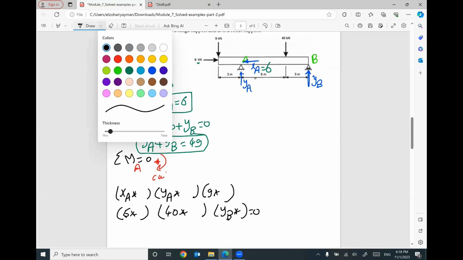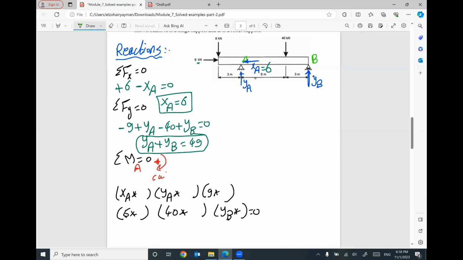What is the distance between XA and A? 0. YA and A? 0. 9 kilonewton at this position and A, 3 meters. 6 kilonewton at this point and A, we don't have vertical distance. The distance for this force must be vertical. 40 and A, 6 meters. YB and A, it's 9 meters.